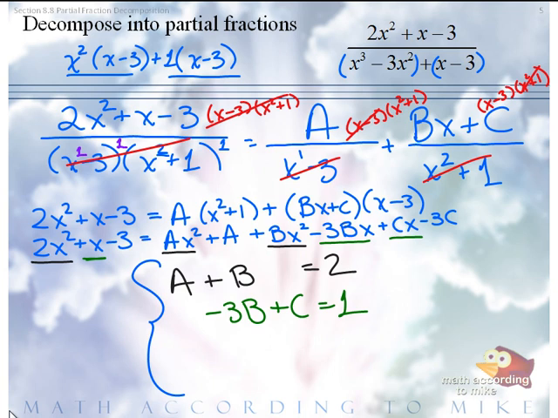And now constants, the terms that don't have variables. Negative 3 on the left. We have an a and a minus 3c on the right. So what equation would that be? Good.